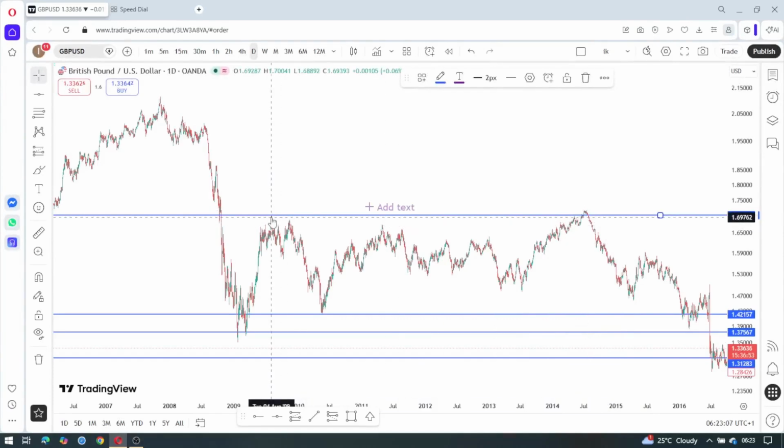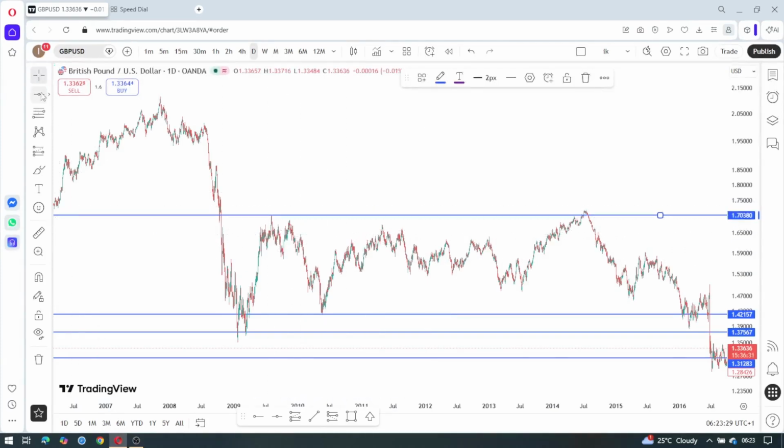Here and here has formed a resistance zone for me. I'm sure you get that. And you see, this place has already formed support, an area of support. This extended to this place. And like I told you, every distance here matters because this is daily time frame. The distance is massive.